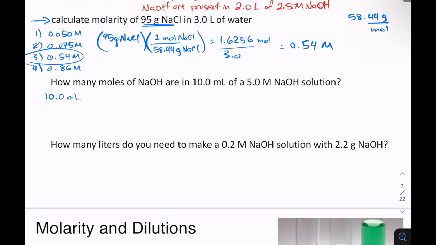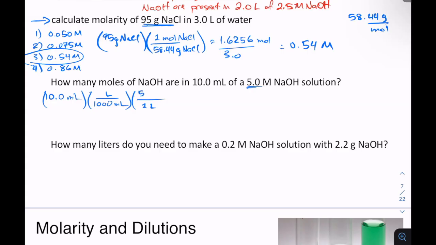We're given 10 milliliters. I'm going to convert that into liters. So there's 1,000 milliliters in every 1 liter. Now I'm in liters. Now I'm going to use my molarity to convert that into moles. I know that for every 1 liter, we have how many moles? 5, because the molarity is 5 molar.